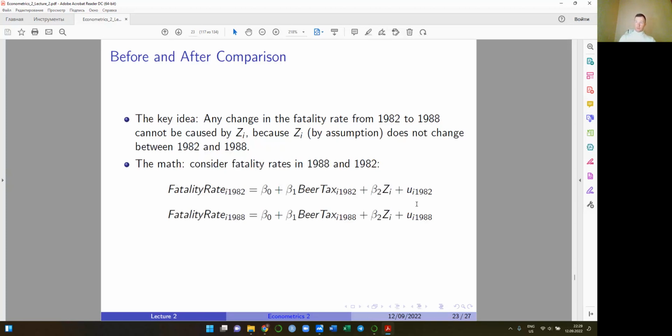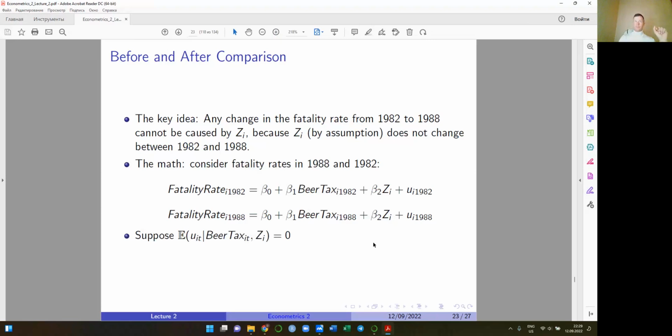So we consider the model for these 2 time periods, and we see that this element is the same in both equations. We can subtract the first from the second. And that's what we are going to do.